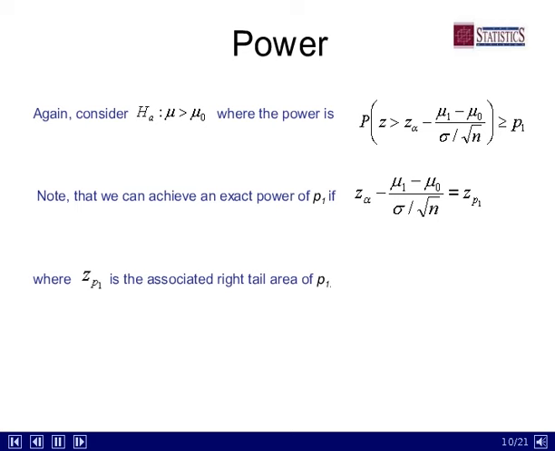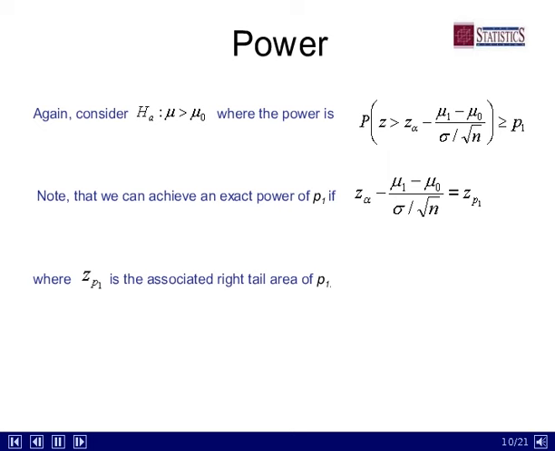It would be if z is greater than z that cuts off P1, so the probability that z is bigger than z of P1 is P1, just like z bigger than z alpha is alpha. However, since n has to be an integer, there's no way you're going to get exactly z of P1. You're not going to get the exact value that cuts off, say, 90%.